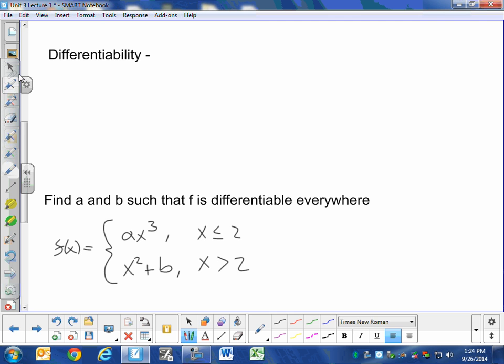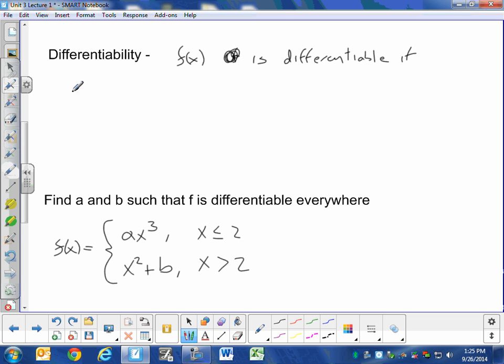Let's talk about differentiability. We'll end class with this. A function is differentiable if it is continuous, and the slopes from both sides are the same.